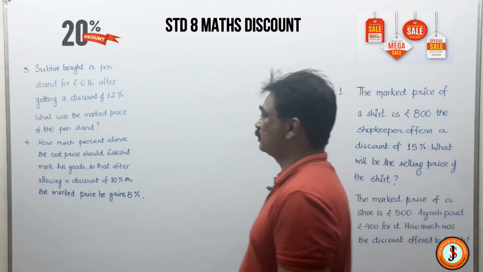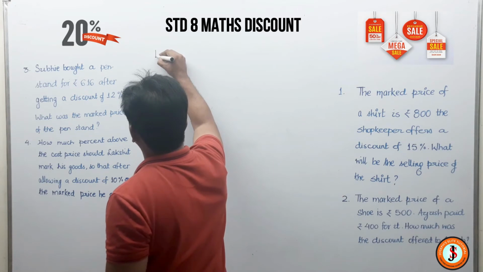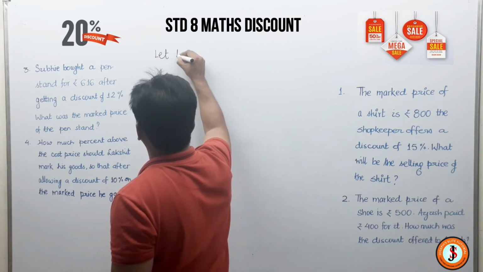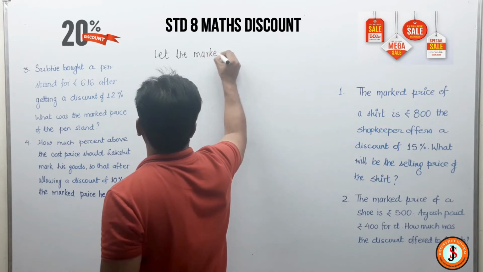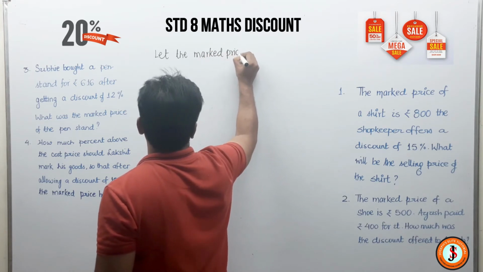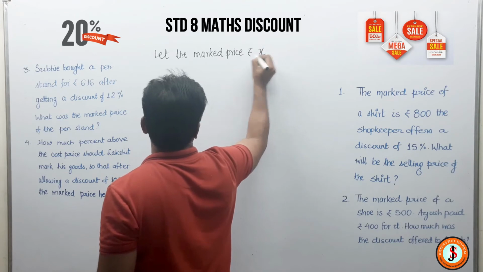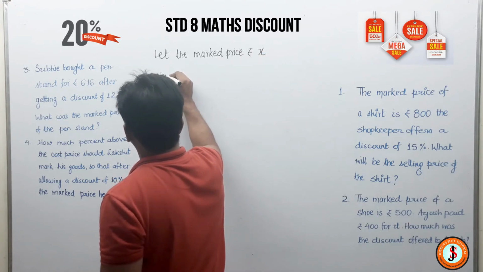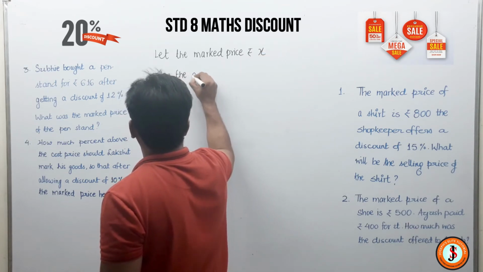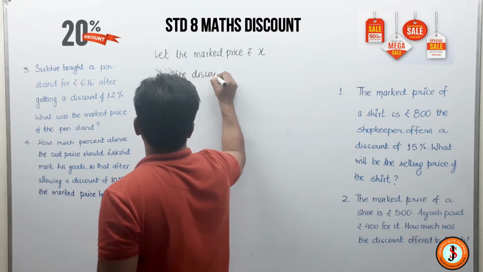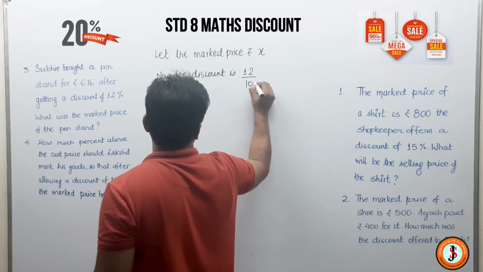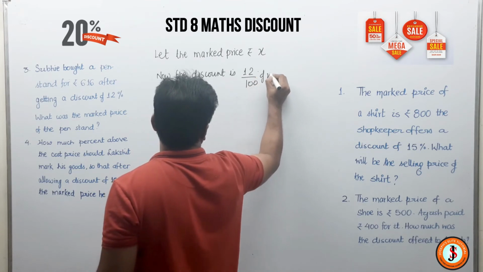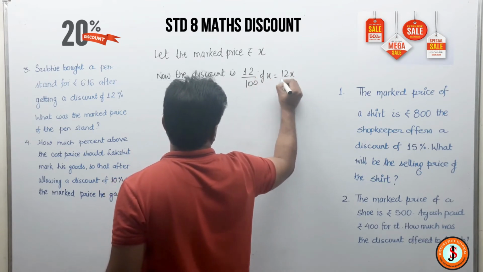So let the mark price be rupees X. Now the discount is 12% of X, that is 12x by 100.